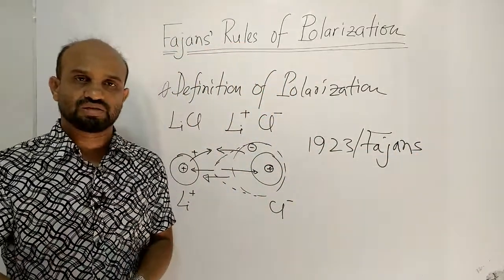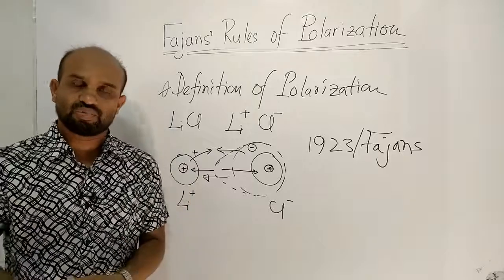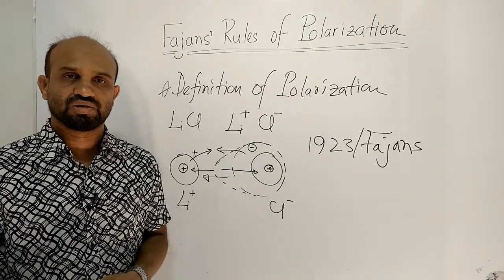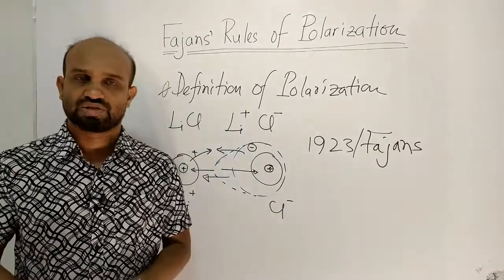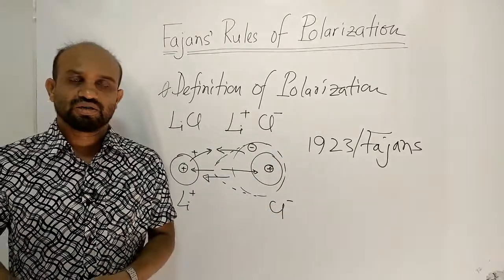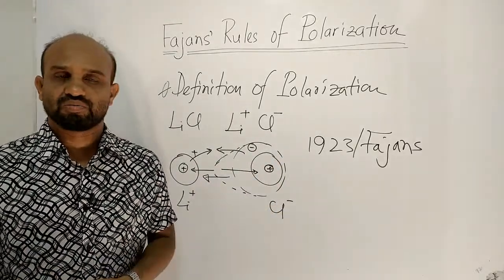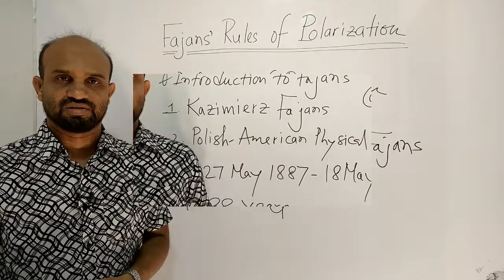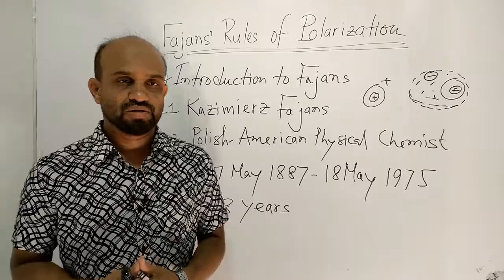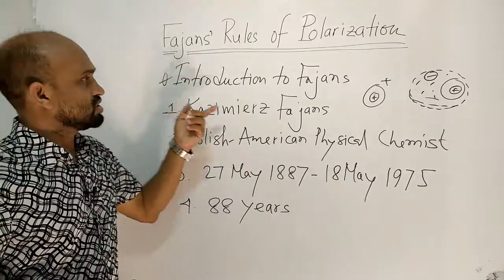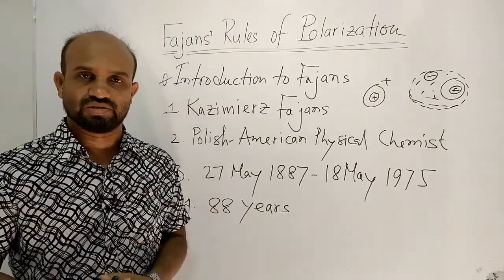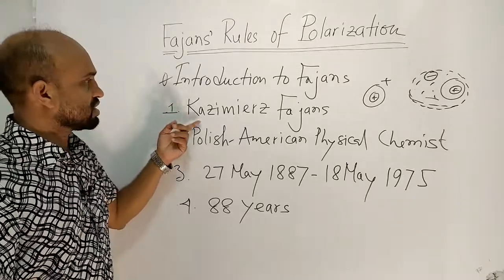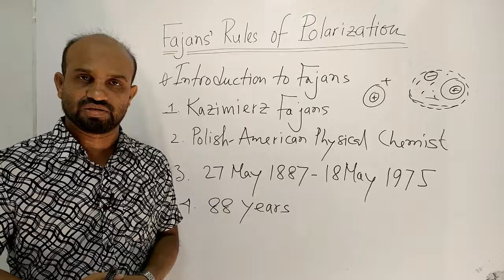Fajans first discussed the polarization of some ionic bonds in the year 1923. Now let's see a short biography of scientist Fajans. Now the point is introduction to Fajans. The full name of Fajans is Kazimierz Fajans.